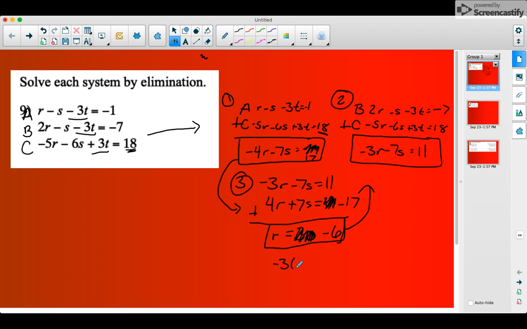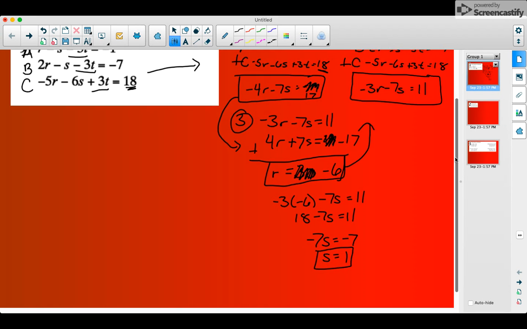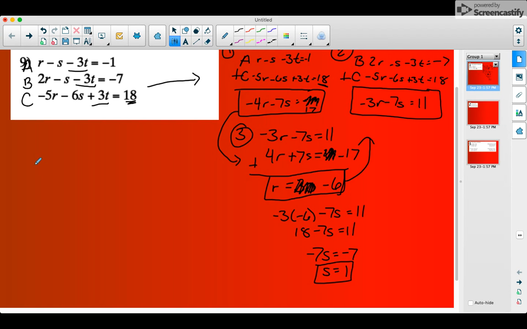Negative 3 times negative 6 minus 7S equals 11. I get 18 minus 7S equals 11. Subtract the 18, I get negative 7S is negative 7, which means S has to be 1. That number seems pretty realistic to me. So now I'm going to take those two and plug them back into one of my three original equations.